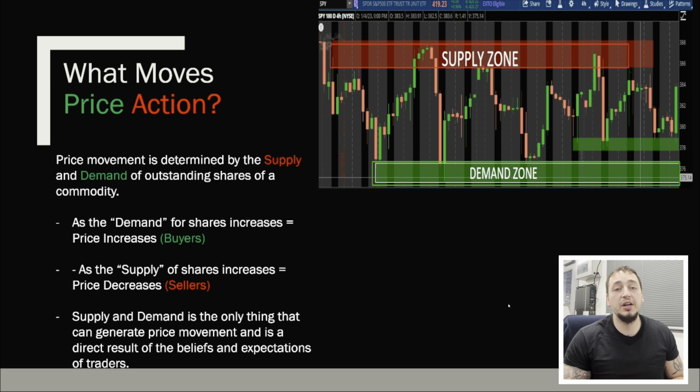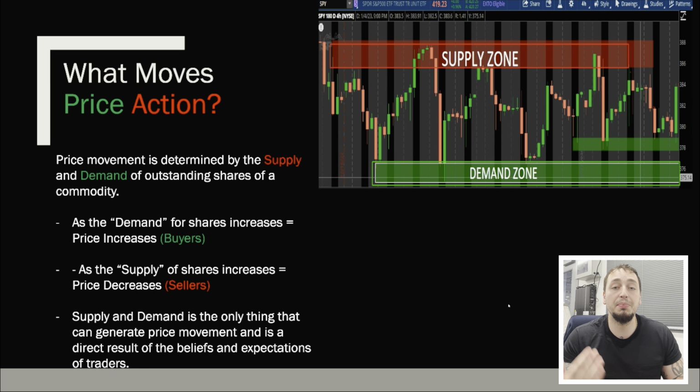So remember earlier, we were talking about there needs to be two traders for every trade agreeing on a price. Now, if they're agreeing on a price, that means that they believe that price is worth a specific amount based on how much demand for shares is current and how much supply of shares is current. Out of, let's just say, 100 shares, if everybody wants them, that means more people are going to be buying, which is going to increase the price of the share.